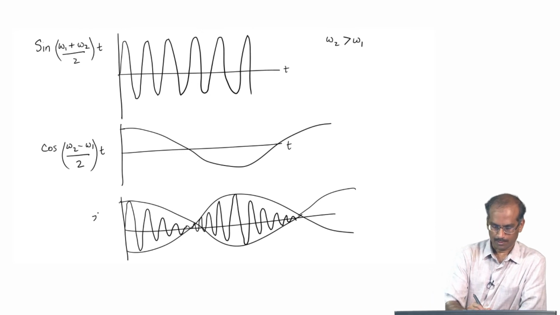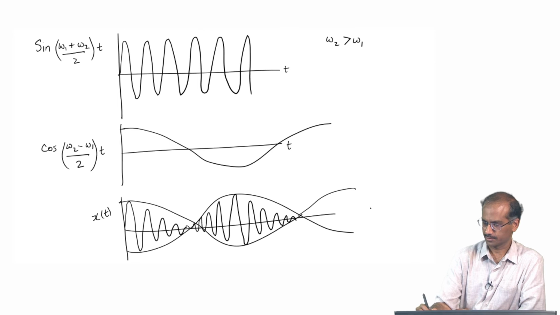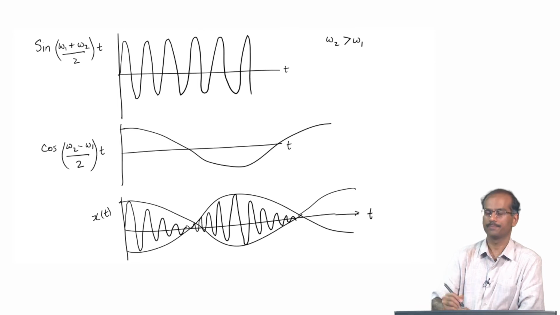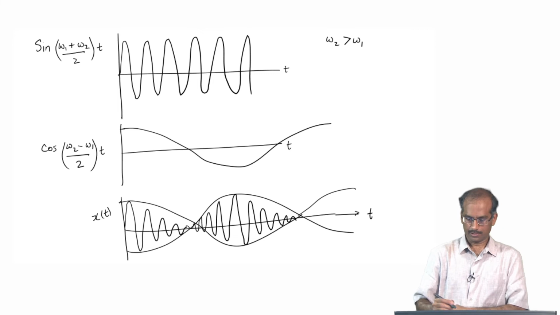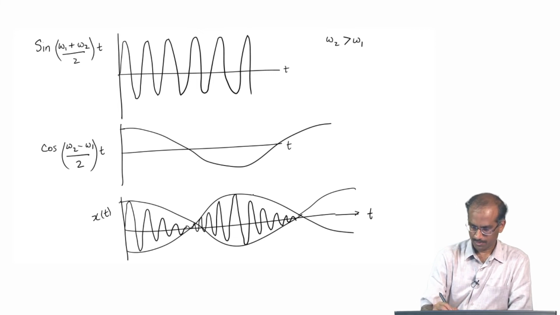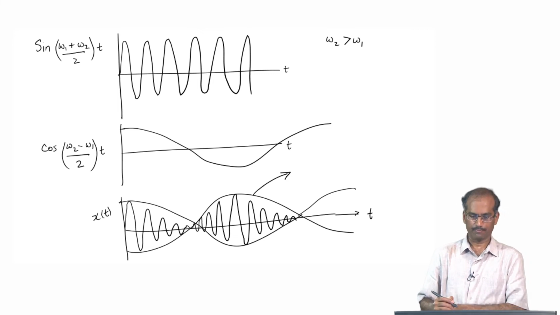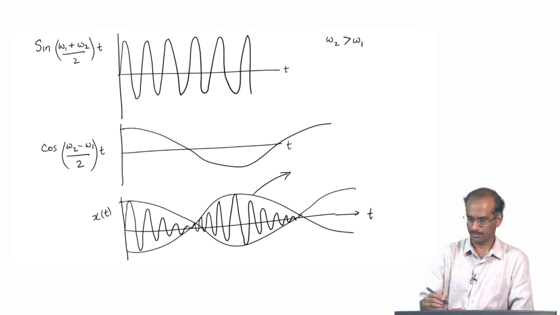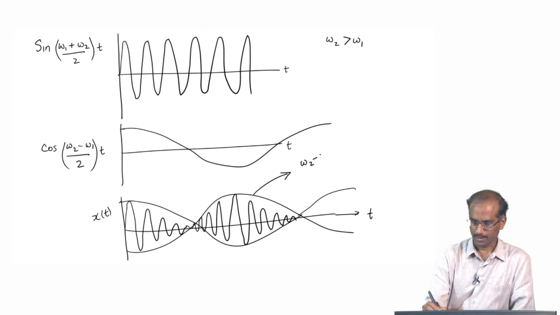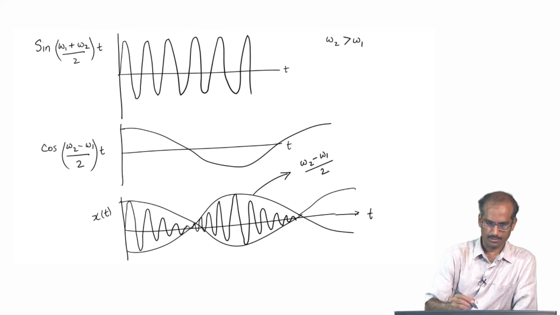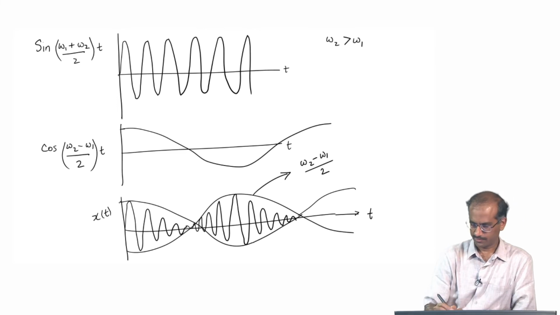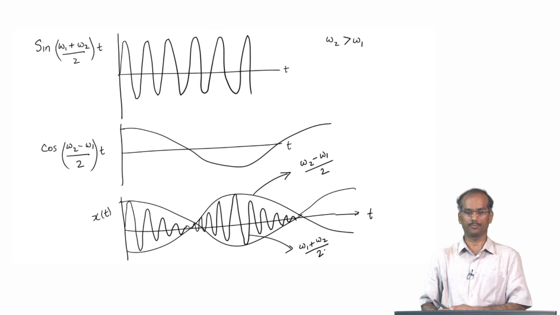Here I have plotted x of t as a function of time. There is this envelope which comes from the cosine term whose frequency is omega 2 minus omega 1 by 2, and then there is the fast oscillation which happens with the frequency omega 1 plus omega 2 by 2.